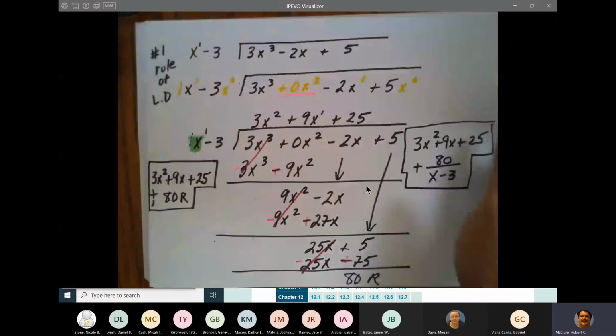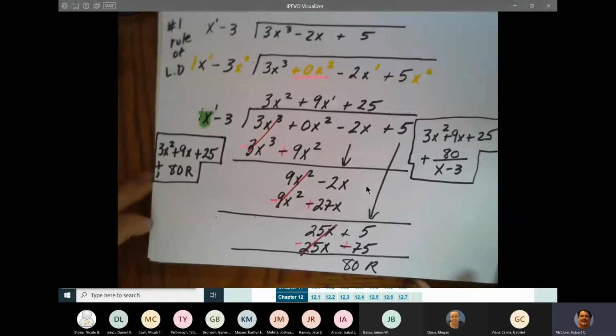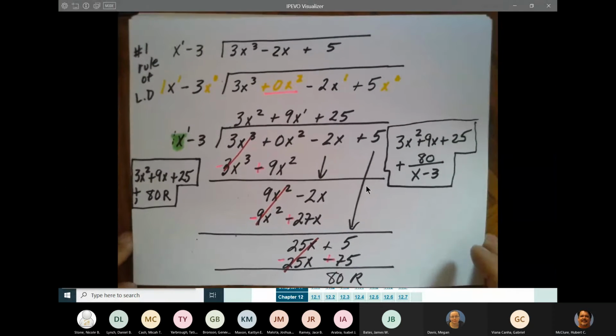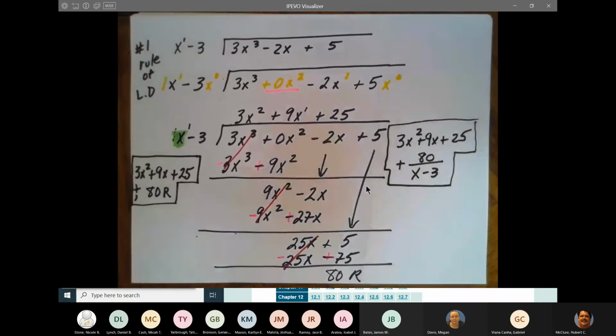And that is the two ways to write your answer. And that's basically long division.